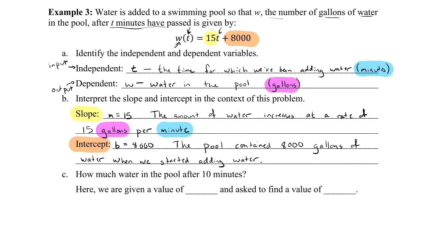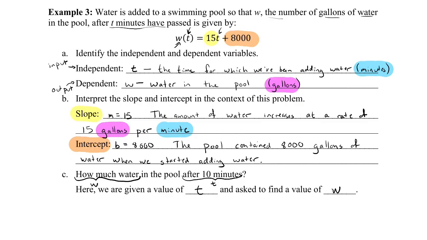So how much water? That's a question about the value of W. And after 10 minutes is giving us information about the value of T. So we're given the value of T and asked to find W. So how can we do that?